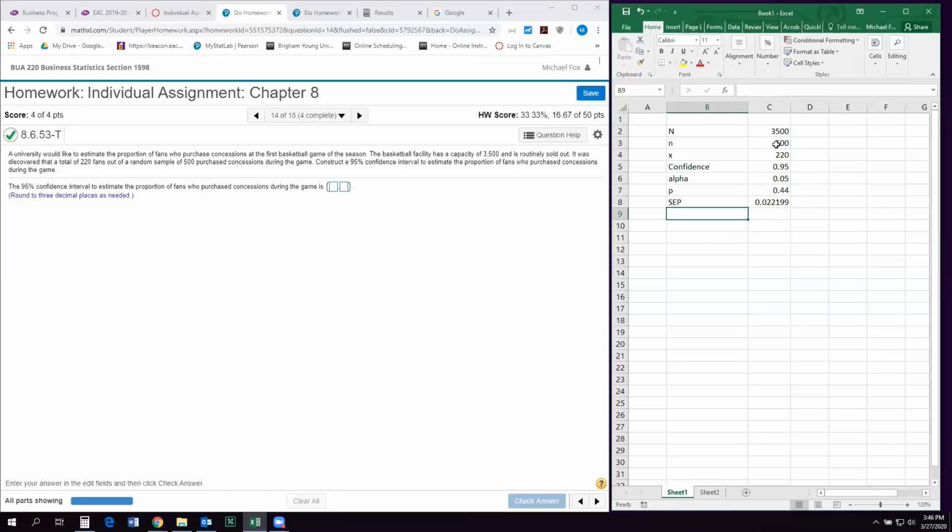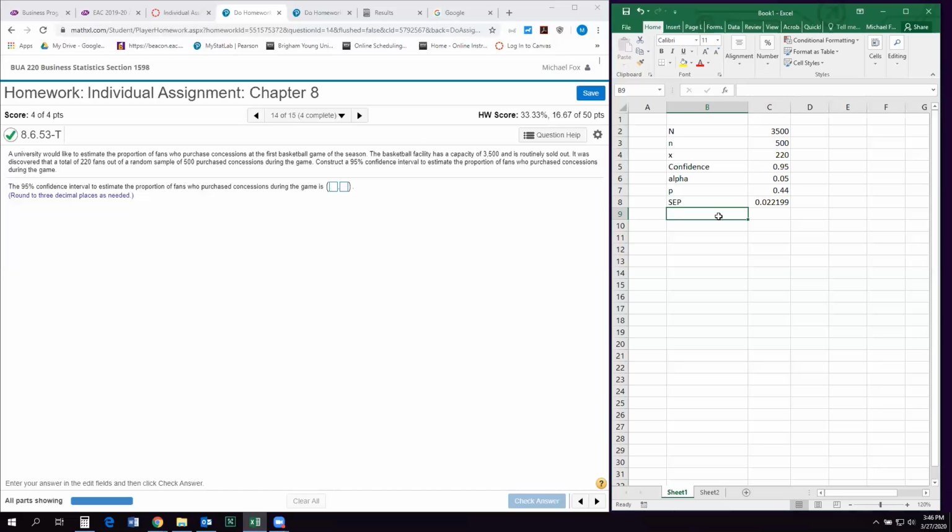That's our standard error of the proportion. And it's an approximation in this case because we don't know the population proportion. So instead we're using the sample proportion, but it's good enough for our needs.